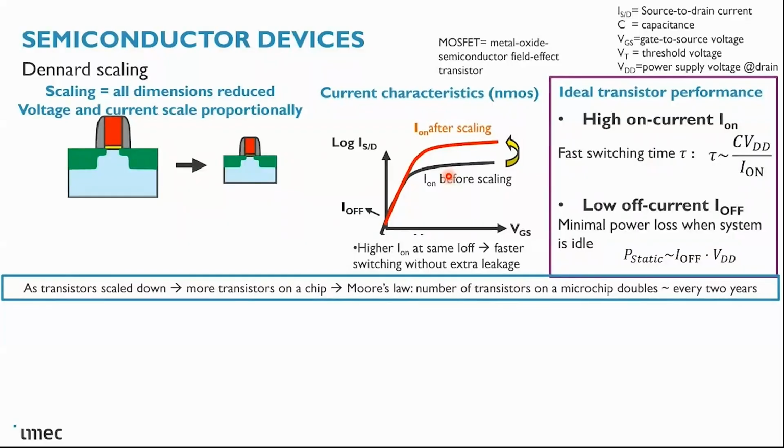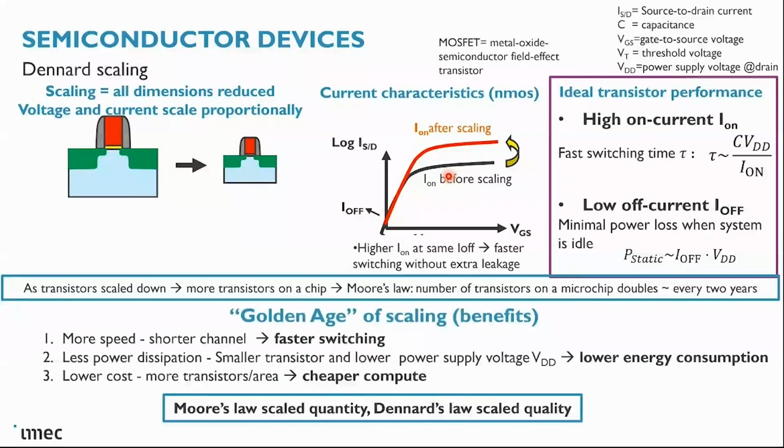and this enabled the steady performance progress described by Moore's law, which states that the number of transistors doubles roughly every 2 years. Together, Dennard's law and Moore's law created the golden age of performance scaling in transistors.